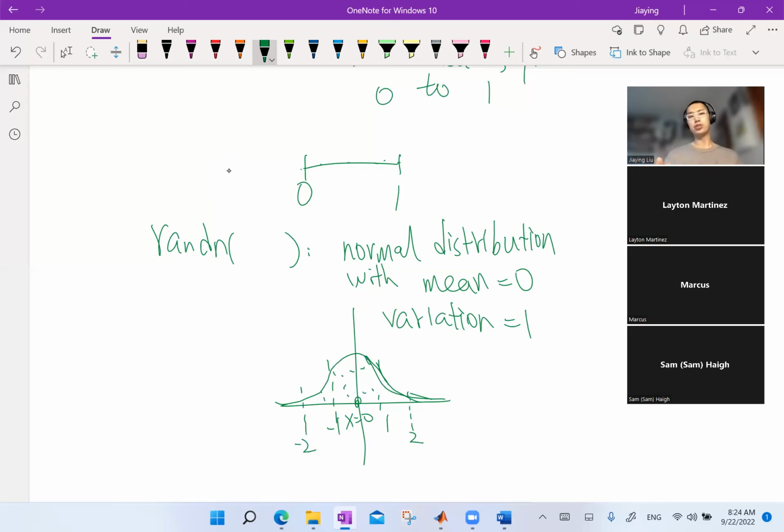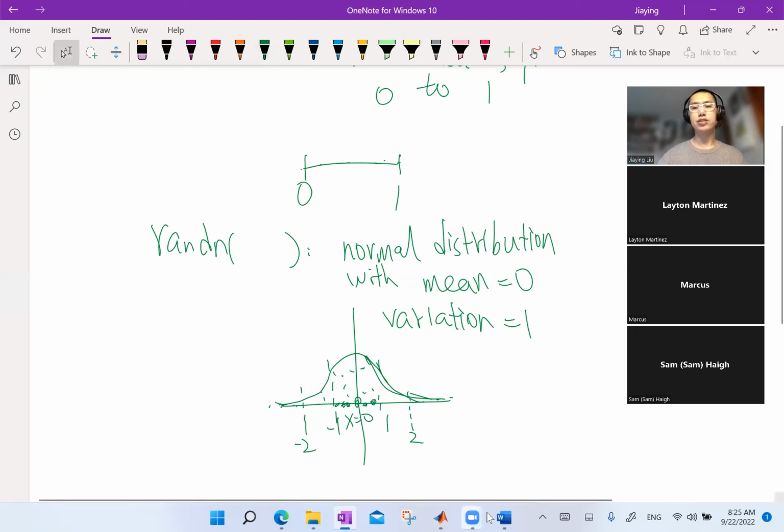So when it picks a value, it emphasizes values near 0, because that's where the average is, and fewer values as we move further away from 0. We're going to have positive and negative values on both sides of the mean.